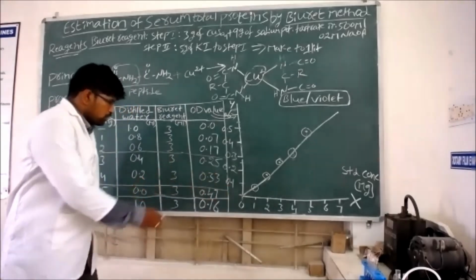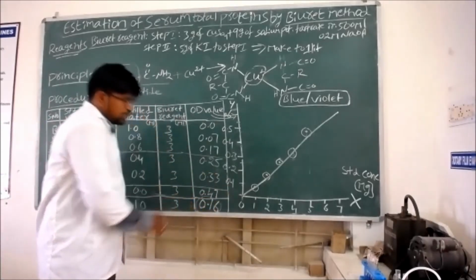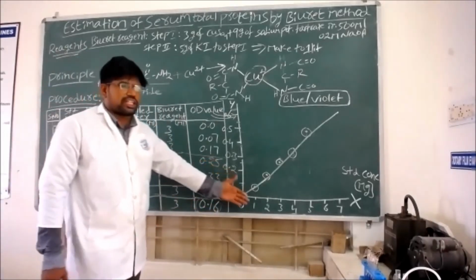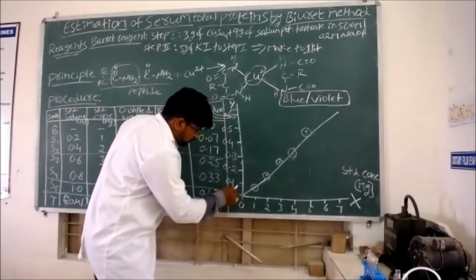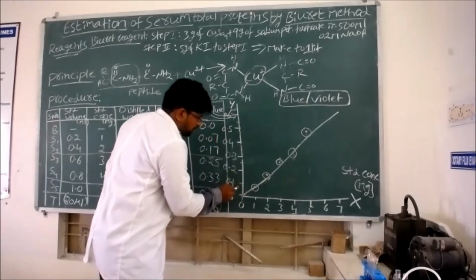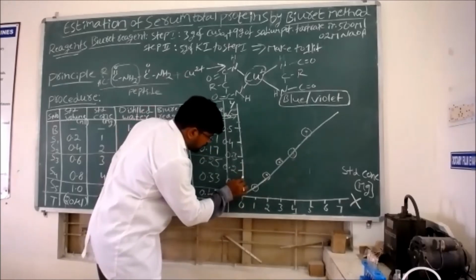Now, by using the test OD value, you measure the concentration of the test sample. For that, what do I have to do? First you make the point on the graph paper. 0.16 is in between 0.1 and 0.2, so 0.16 means it is somewhat higher, so you will get a point around here.